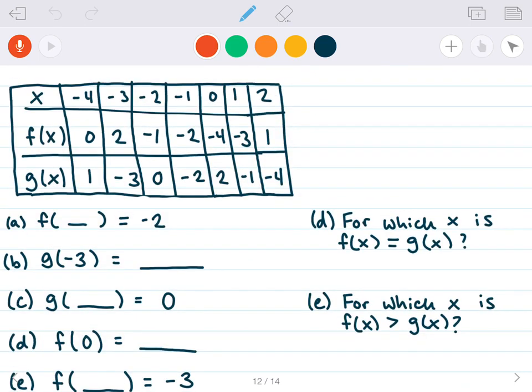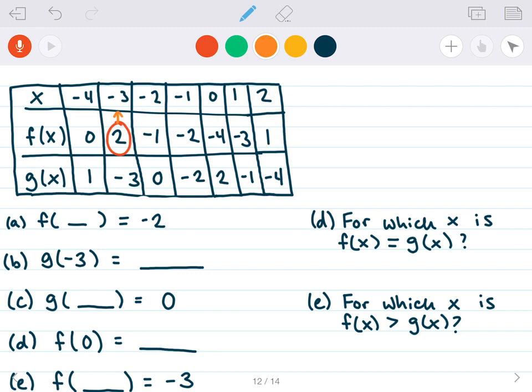All right, let's do some more examples with tables. The first part is f of what equals -2. So we're looking for an input that has an output of -2 in the f row. Well, -2 has an output right here, and we look at its corresponding input above, in the x row, and that's -3.